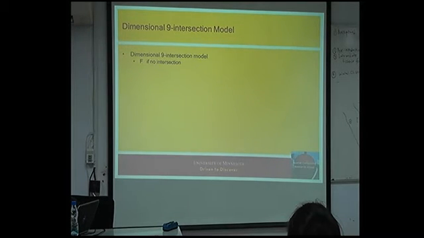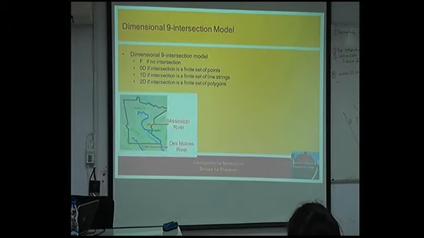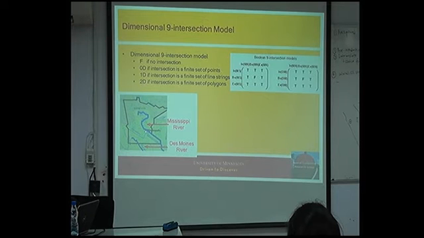We are still going to look at 9 intersections, but we'll allow the element values to be a little more general. Not just true or false, but dimensional. If they intersect at a point, I will write 0. If the intersection is linear, I will write 1. If the intersection is two-dimensional, I will write 2. And then I can also write false if you like.